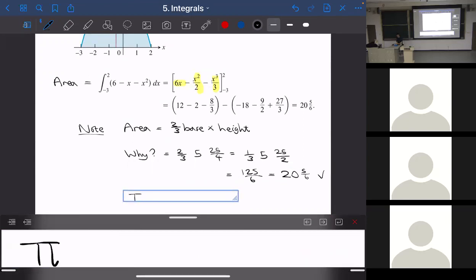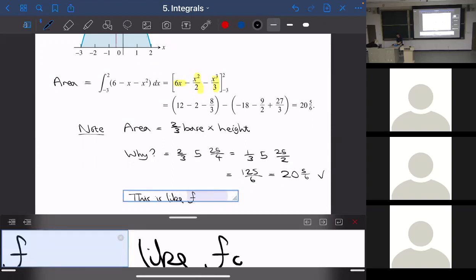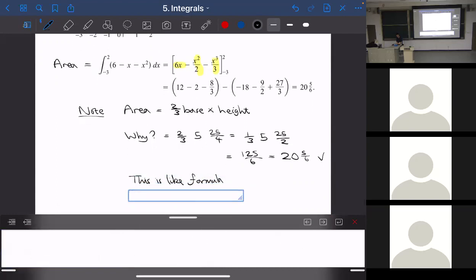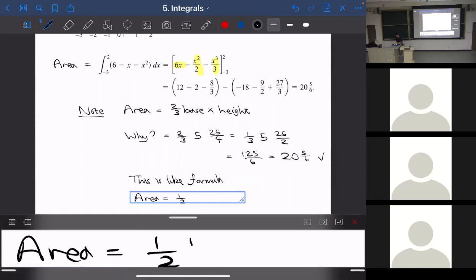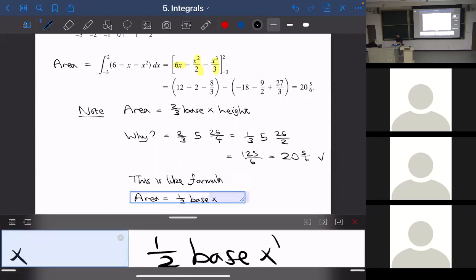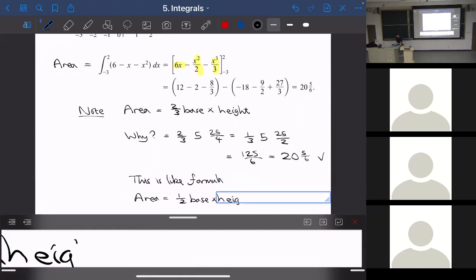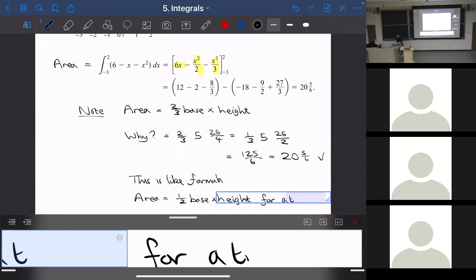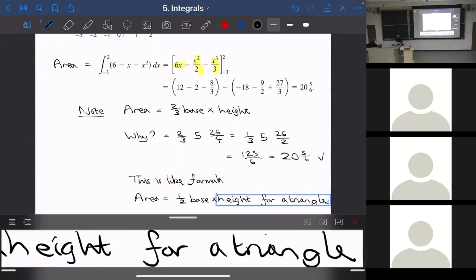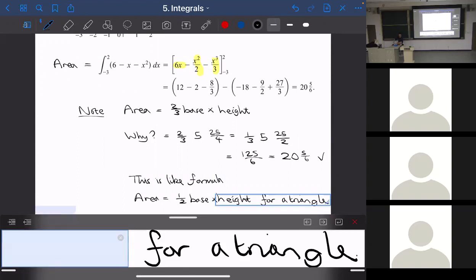So this is like the formula area equals half base times height for a triangle. Okay, but now we can make these formulas for all sorts of different curved shapes.